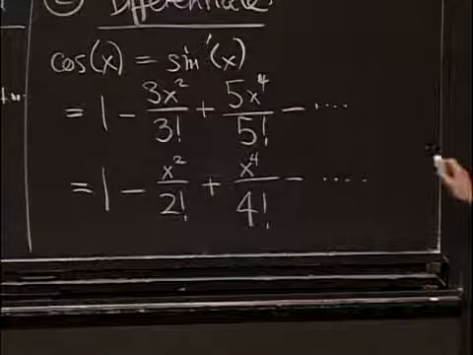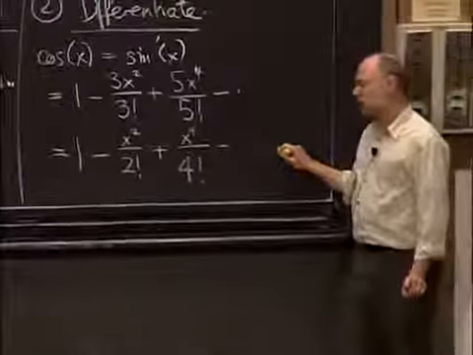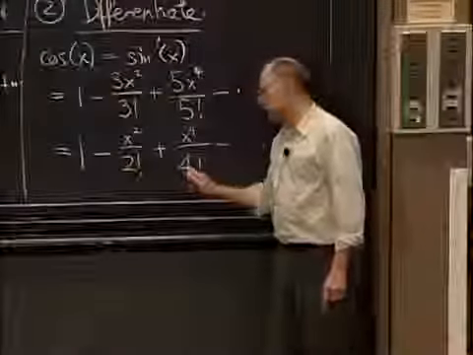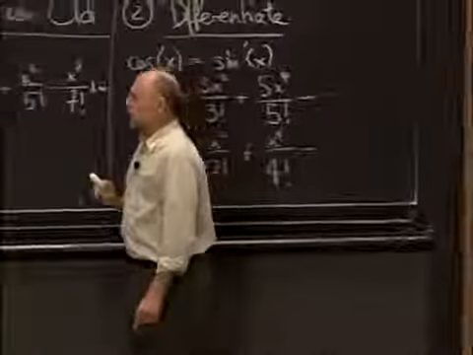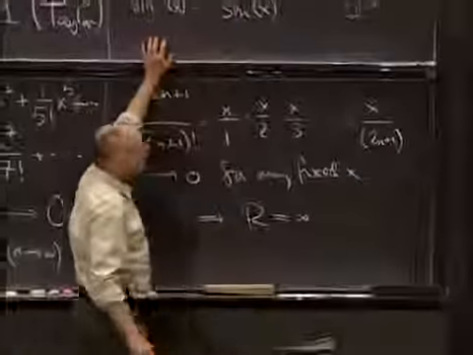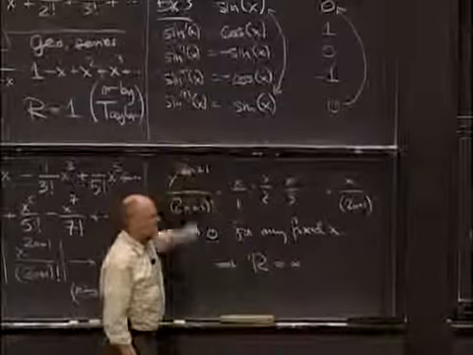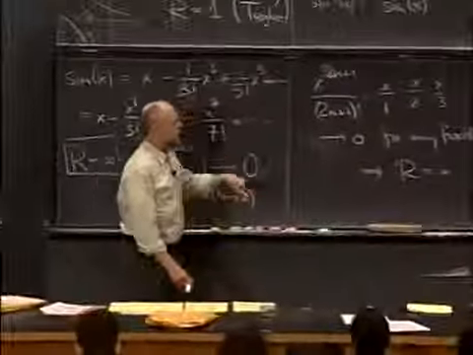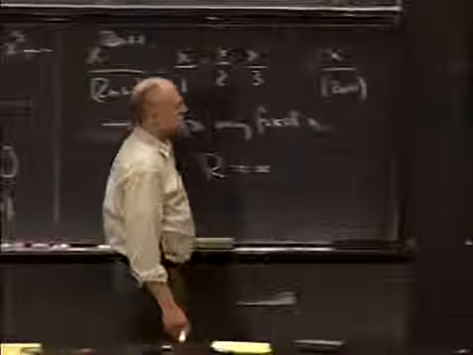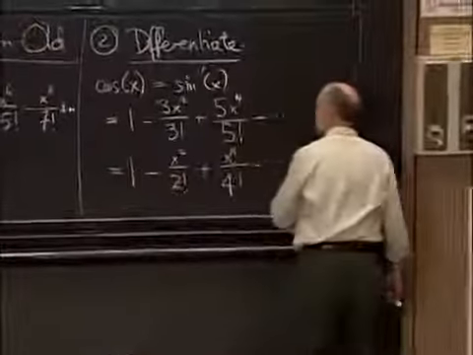There's the power series expansion for the cosine. It's got all even powers of x. They alternate. You have factorials in the denominator. And of course, you could derive that expression by using Taylor's formula by the same kind of calculation we did here, taking higher and higher derivatives of the cosine, you get the same periodic pattern of derivatives and values of derivatives at x equals 0.